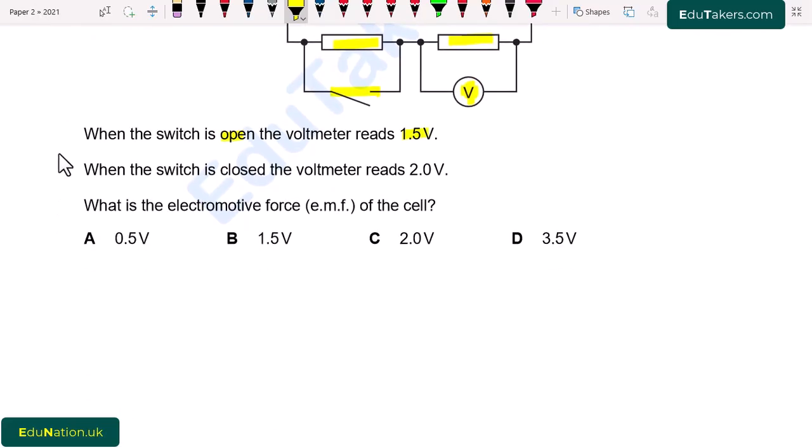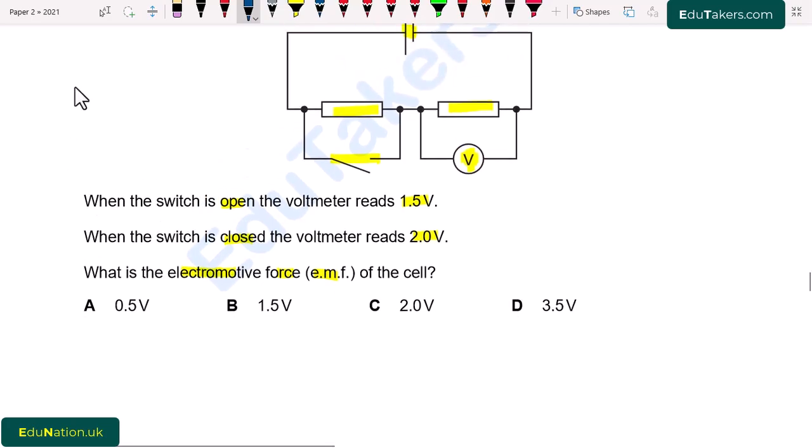When the switch is open, the voltmeter reads 1.5 volt. When the switch is closed, the voltmeter reads 2.0 volt. What is the electromotive force, which is also known as EMF, of the cell? So first of all, the switch is open, it means that no current is passing through the circuit. When the switch is closed, it means that current is passing through the circuit.